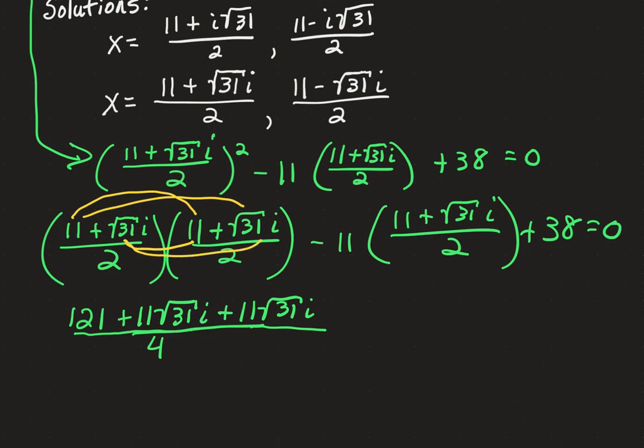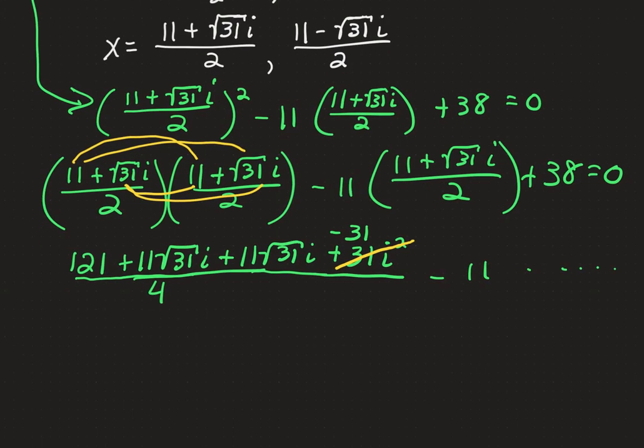Square root of 31i times the square root of 31i, I was getting ahead of myself, is square root of 31 times square root of 31, which is 31, and i times i is i squared. And I'm going to go ahead and change this right now because I have 31 times i squared. That's 31 times negative 1, or negative 31 right there.